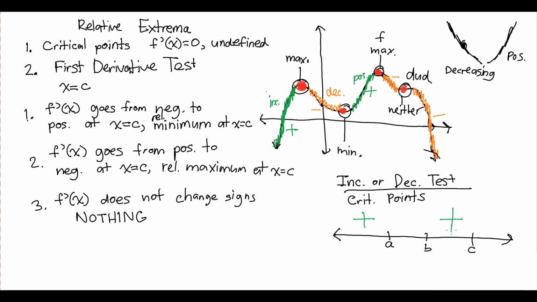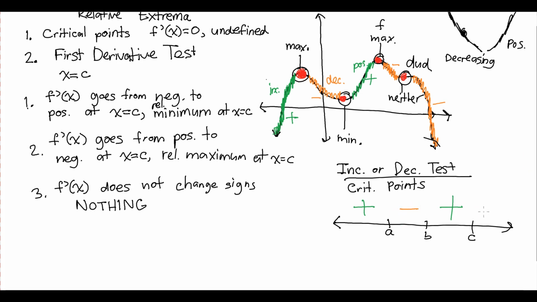Okay, and it will always increase on that interval because A, B, and C are the only points where there's a critical point where it's either undefined or 0. Okay? And if the derivative was negative at that point between the interval, you would mark it with a minus sign. Okay, that's how I would traditionally do it.